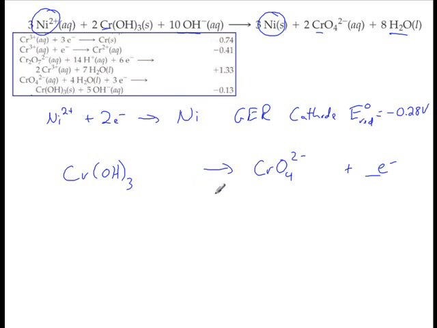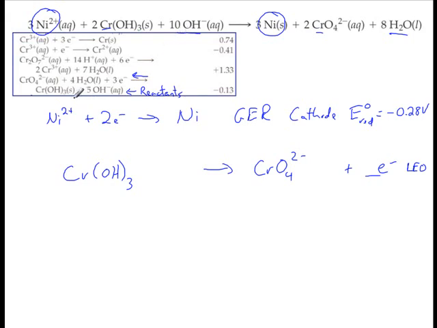So just like I did in that first example, I can use the chart to figure out what the components are. This is the oxidation process, so it's the reverse of the chart, and this is going to be the reactants for the equation as written.